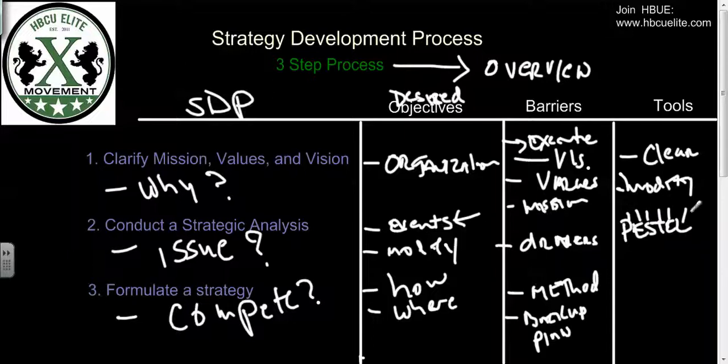And honestly, PESTLE deals with what's going on externally on the outside of your business. But internally, you have to evaluate your business as well by conducting what is called a SWOT analysis, which stands for strengths, weaknesses, opportunities, and threats.